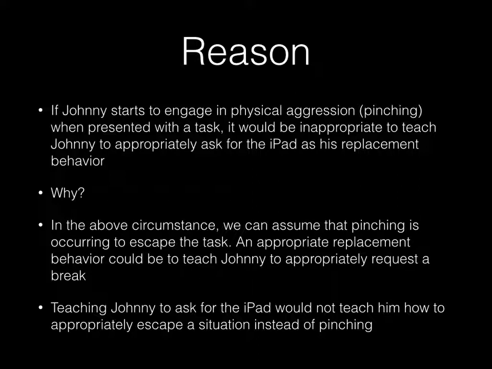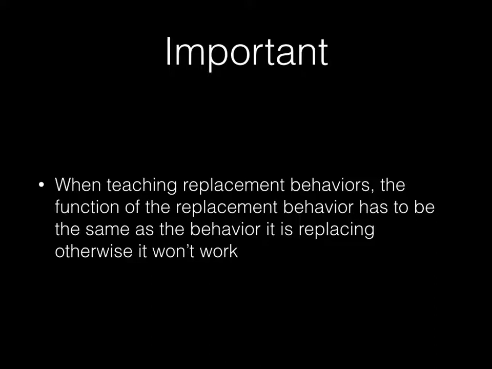An appropriate replacement behavior could be to teach Johnny to appropriately request a break. Teaching Johnny to ask for the iPad would not teach him how to appropriately escape a situation instead of pinching. When teaching replacement behaviors, the function of the replacement behavior has to be the same as the behavior it is replacing, otherwise it won't work.